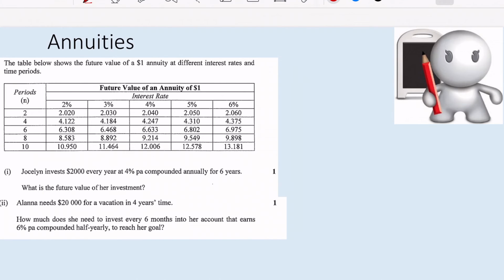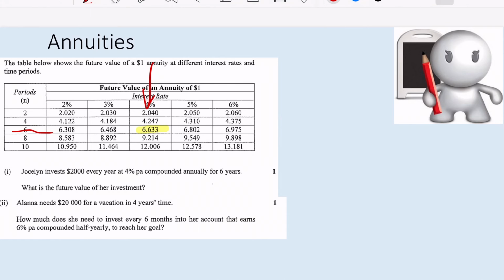Okay. So Jocelyn invests $2,000 every year at 4% per annum, compounded annually for 6 years. Okay, that's pretty straightforward because it's compounded annually and the interest rate is per annum. So we are looking at this column, the 4% column, and we're looking at this row, and of course, where do they intersect? Well, they intersect over here.